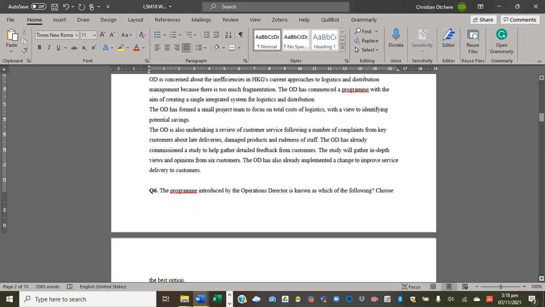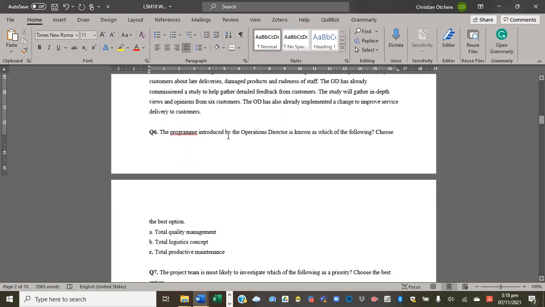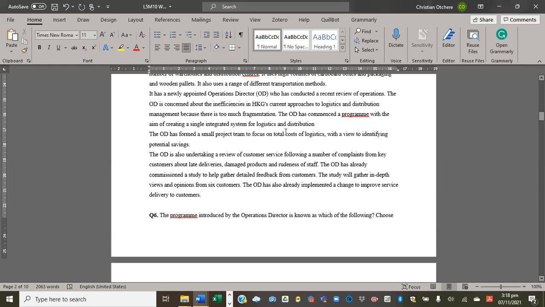So the question here is, the program introduced by the operations director is known as which of the following? We read that the OD has formed a small project team to focus on total cost of logistics with a view to identifying potential savings, and the OD has commenced the program with the aim of creating a single integrated system for logistics and distribution.